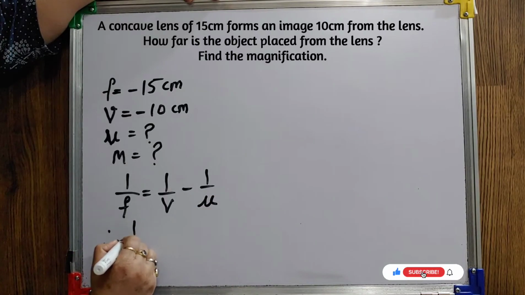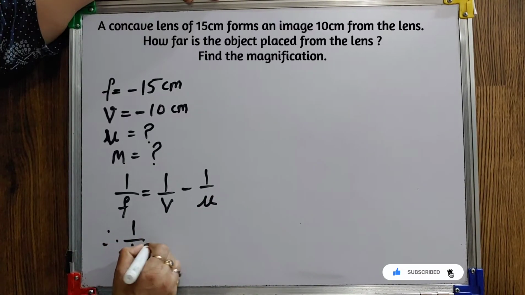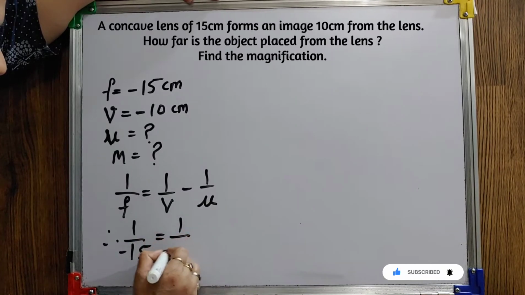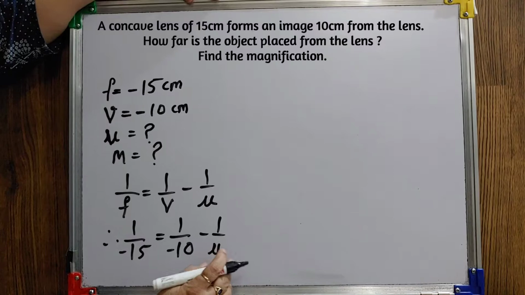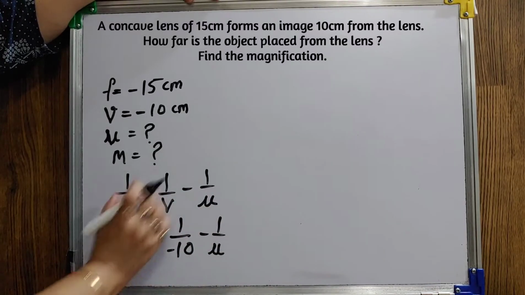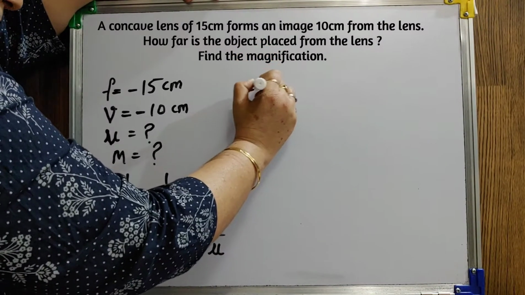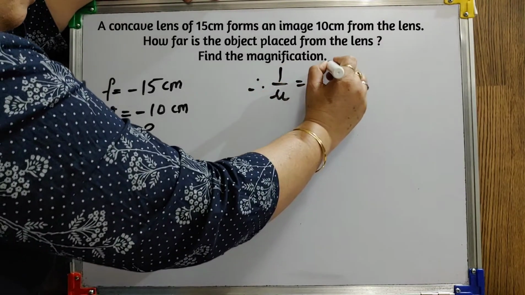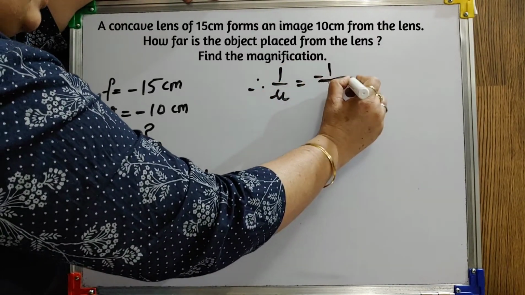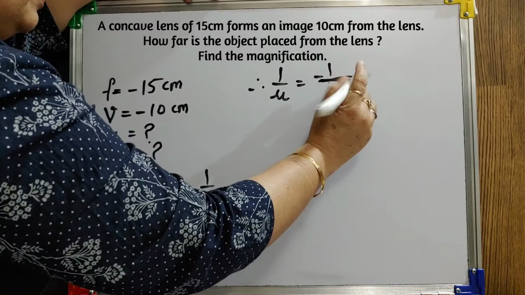Now, apply the lens formula. Substitute the values. Transfer 1 by u this side and transfer this side. 1 by u will be minus, you can transfer the negative sign to the numerator also.